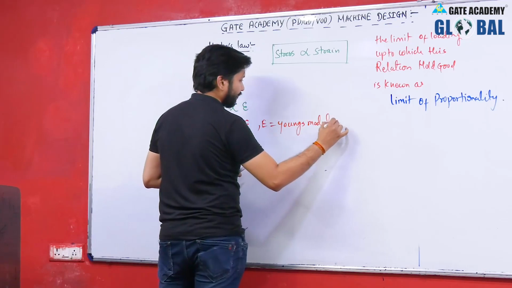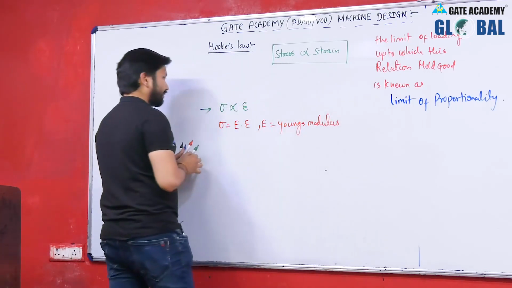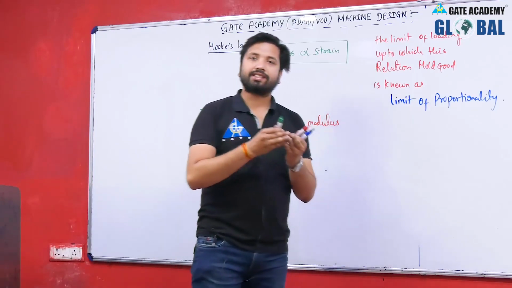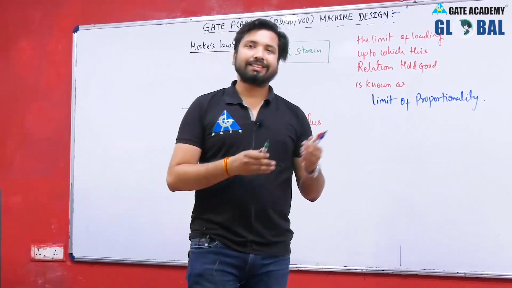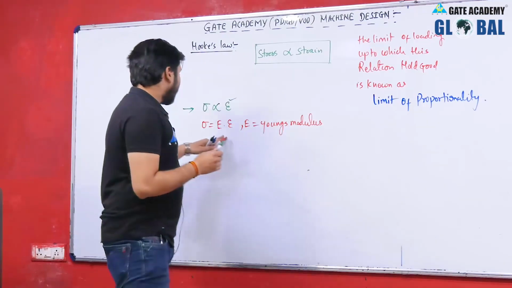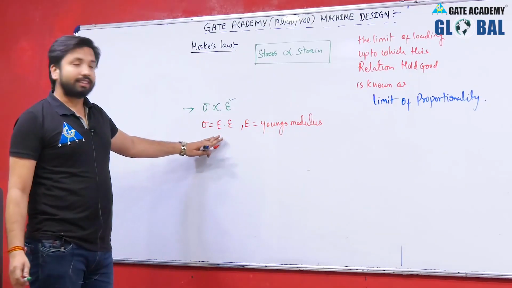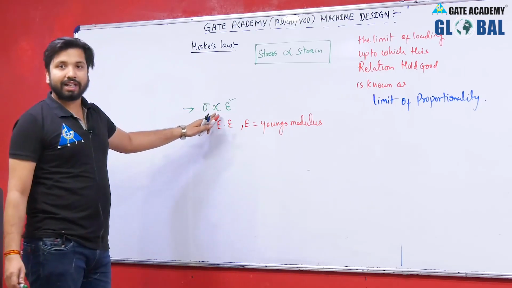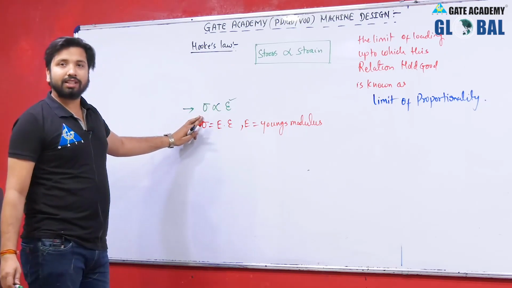of the material. As strain is a ratio of two similar dimensions, strain is a dimensionless quantity, whereas stress has a dimension. Hence the standard unit for Young's modulus, or any constant of proportionality, will be the same as that of the stress.